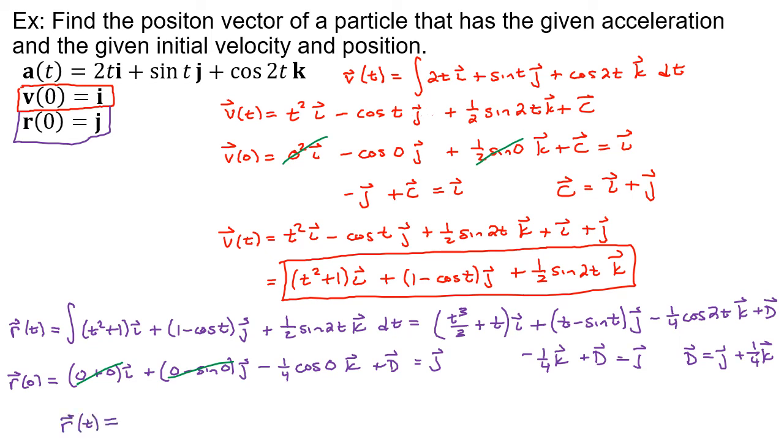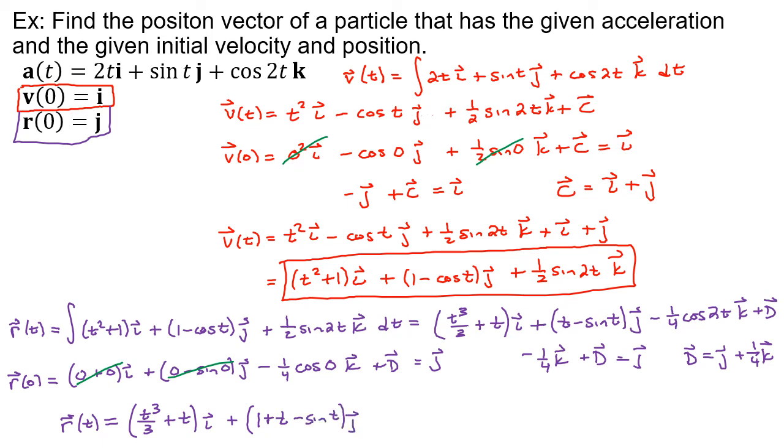in one step here. The i's didn't pick anything up with the d, so that will stay t cubed over 3 plus t on the i. The j picked up an extra 1, so I'll have a 1 that goes along with the t and the minus sine t on the j.